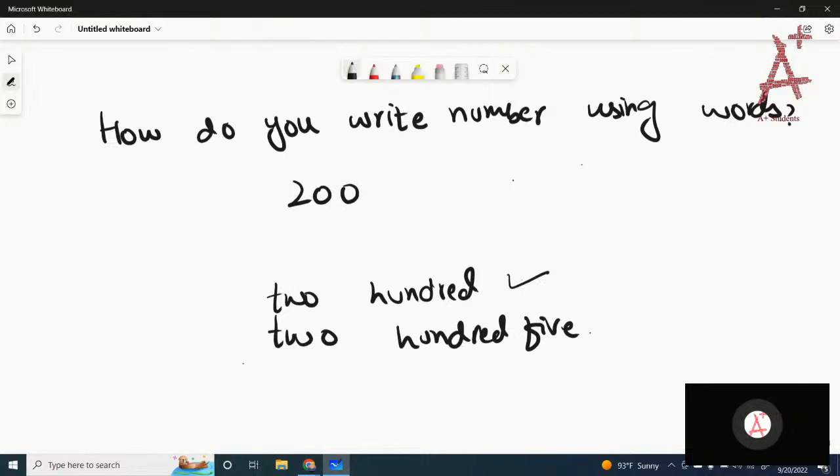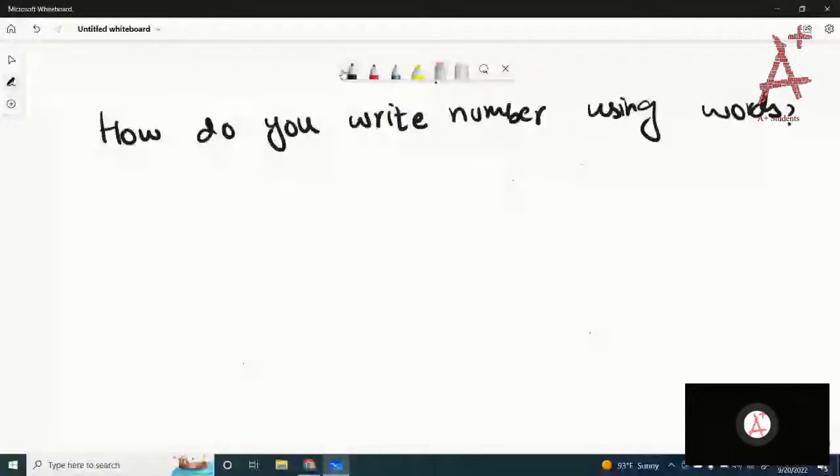Okay, the next one is, how do you write the number using words? Okay, 103, and the options given below are 103 and 100.